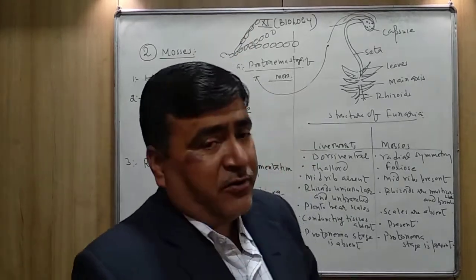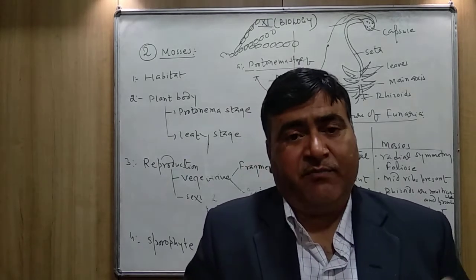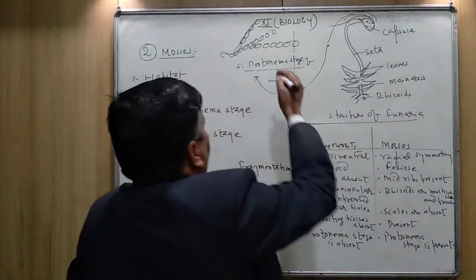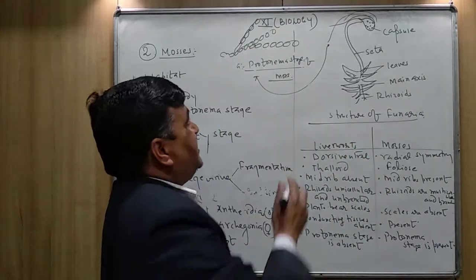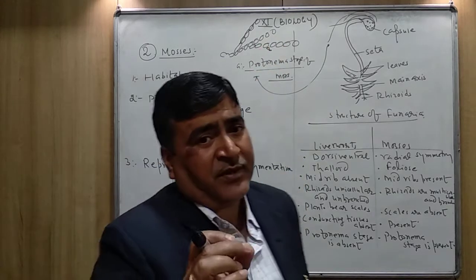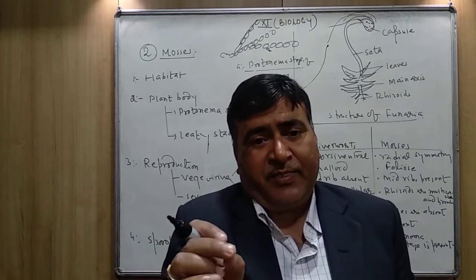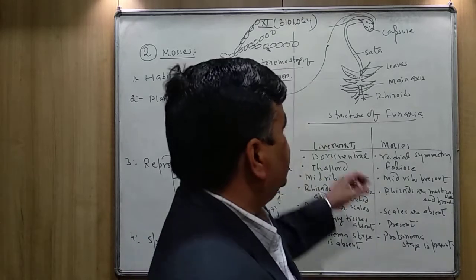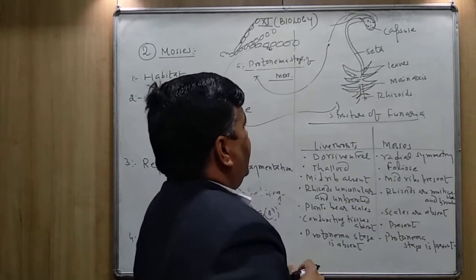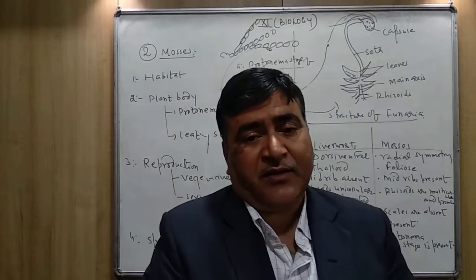Because the main plant is the gametophyte, the protonema stage is haploid in nature. Later on, the protonema forms some secondary protonema, that is, buds. When the bud is detached from the protonema stage, it gives rise to the new main plant, which is leafy in nature.